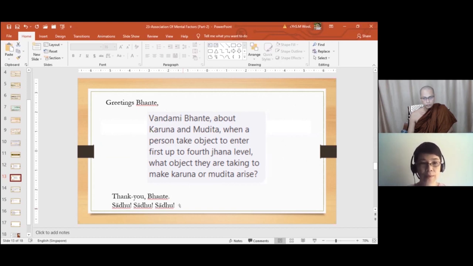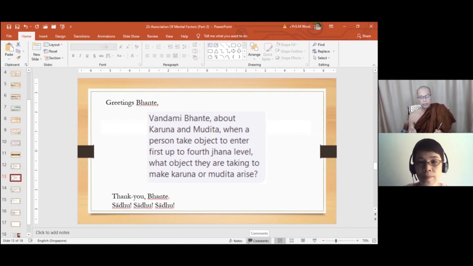Sadhu, sadhu, sadhu. Okay, so here the jhana up to the fourth jhana level, this is with karuna and mudita. So we can understand the jhana with karuna or mudita, and without karuna or mudita.